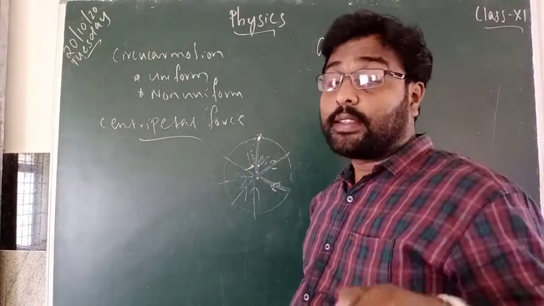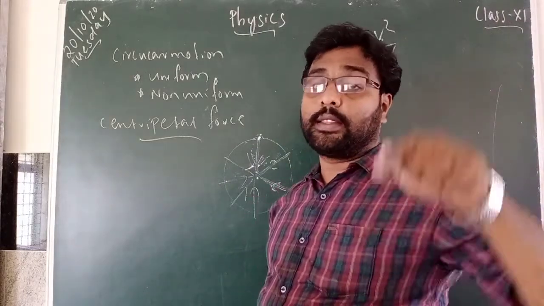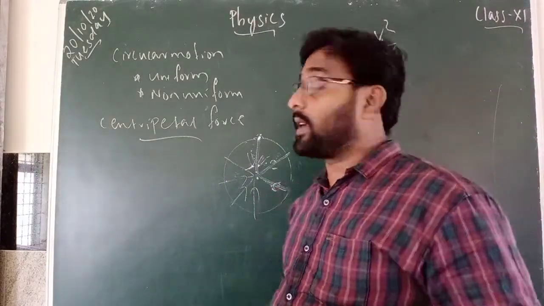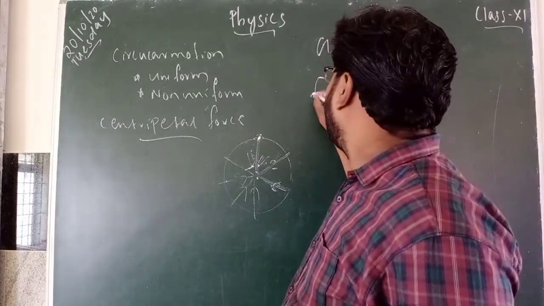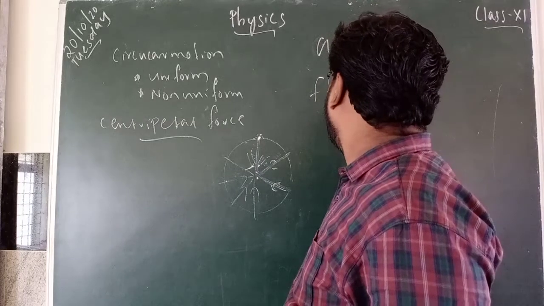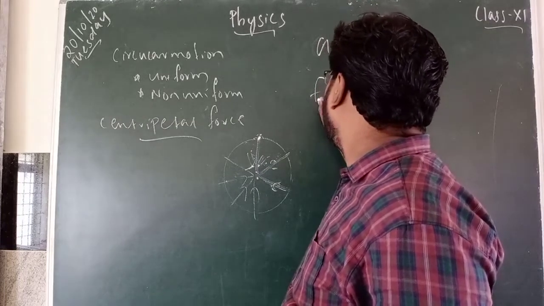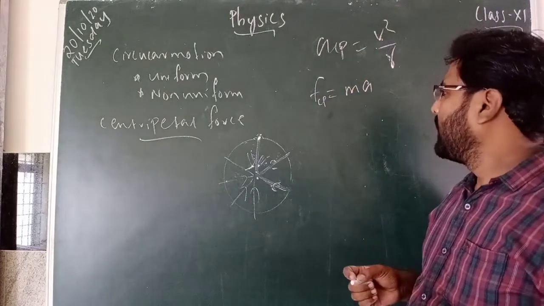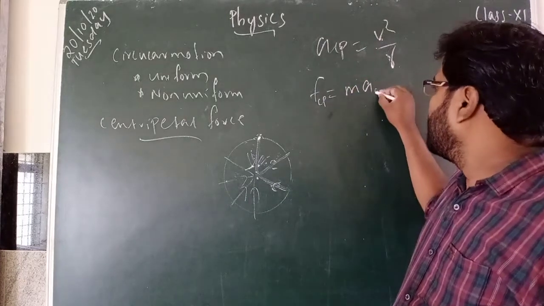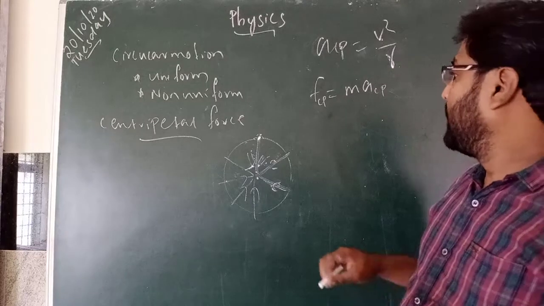By analyzing this circular motion using Newton's second law, F is equal to ma. F_cp you can give for centripetal force. So this is centripetal acceleration.